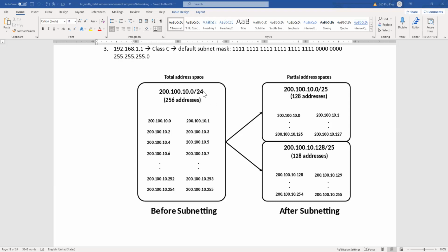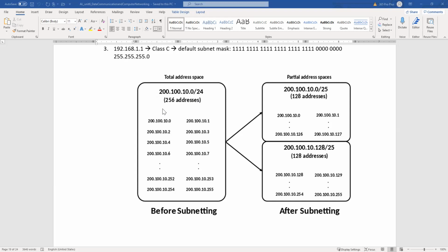This is another format that we are going to discuss today, showing how we could represent the default subnet mask. When you put 24, the idea is that we use 24 bits for the network. We have used 24 bits in the default case, which means we are left with 8 bits.